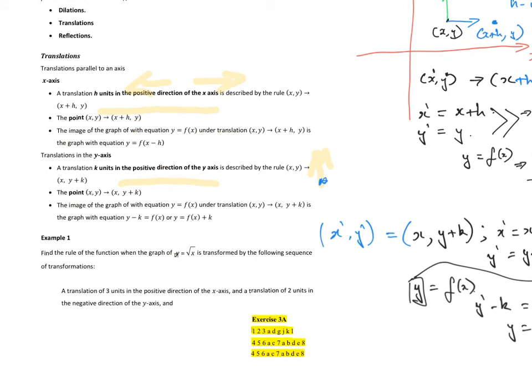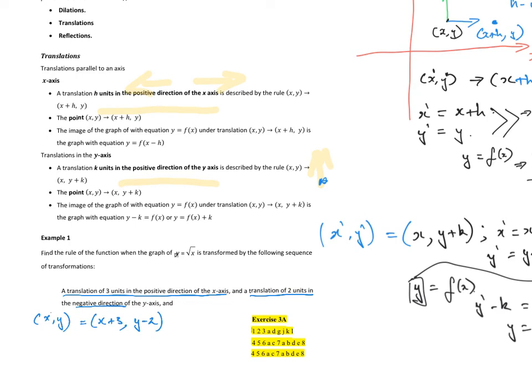The way in which I want us to approach this is, let's start off with the point xy, and what's happening? A translation of 3 units in the positive direction of the x-axis. So that means the x value has 3 added to it. And a translation of 2 units in the negative direction of the y-axis means it's shifting down, which means the y value has 2 units taken from it.